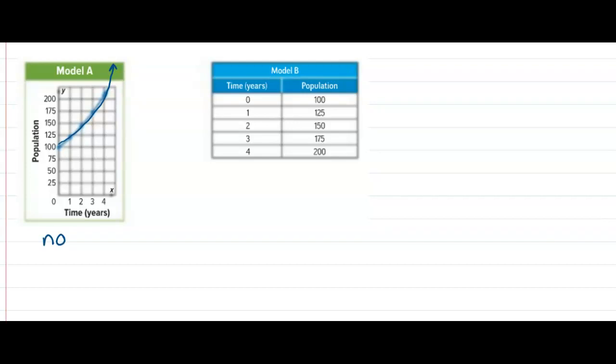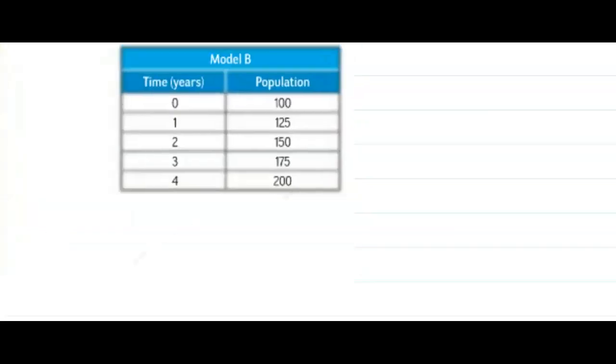Looking at a table of values, is this linear? Well, let's look at the rate of change or the slope between all the points. If the slope never changes, it's going to be linear. From here to here, we have a change of 25. From here to here, a change of 25. Here to here, a change of 25, and from this point to this point, another change of 25.